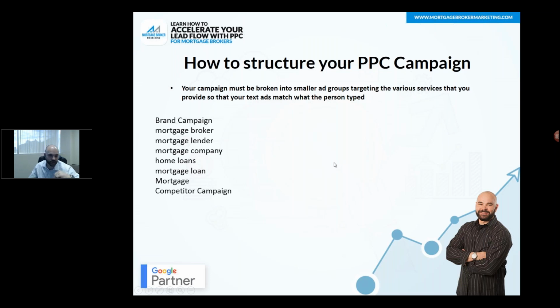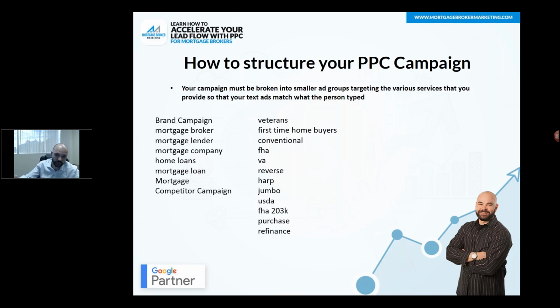You'd have campaigns for mortgage broker, mortgage lender, company, home loans, even a competitor campaign. Some of your competitors in your market, when someone types in their name, as long as we're not using their name in the text ads, you're allowed to do that. Then some FHA, VA, reverse, jumbo, purchase, refinance.